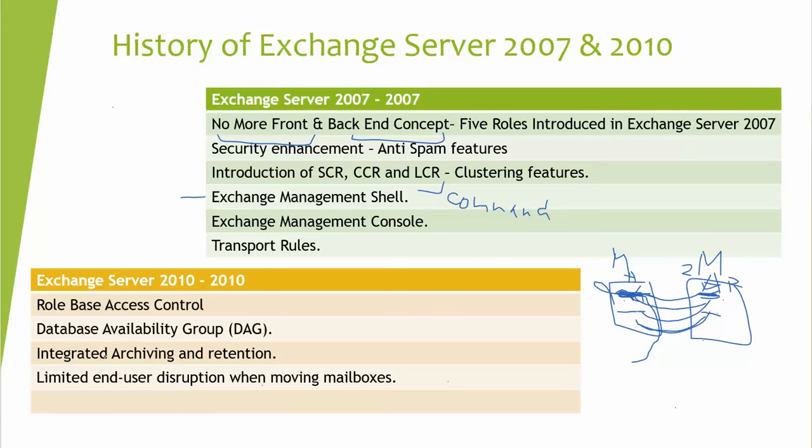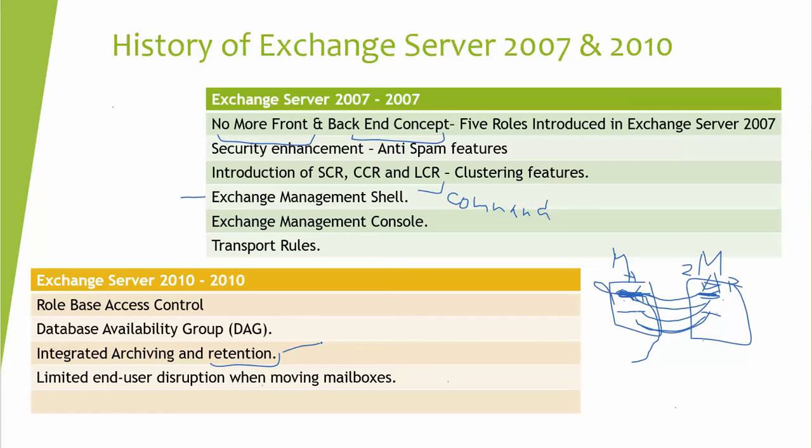And then they had integrated archiving and retention. Exchange Server 2010 had integrated archiving, where it was always archiving all your messages. For example, if you lose your emails from your Outlook, you still have your archive, where you were able to just retrieve your messages again. And then you had integrated retention, where you had different retention policies, integrated with Exchange Server 2010.